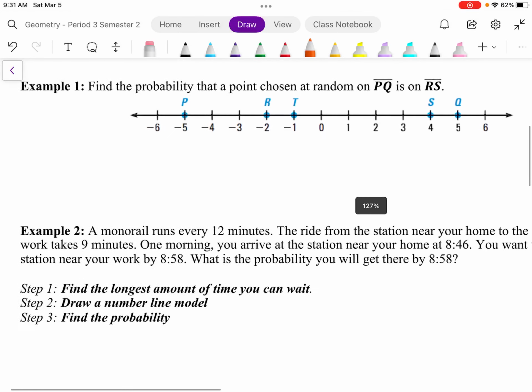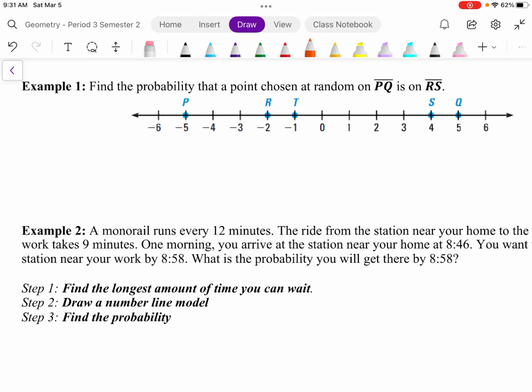Looking at example 1, we're going to find the probability that a point chosen at random on segment PQ is on RS.